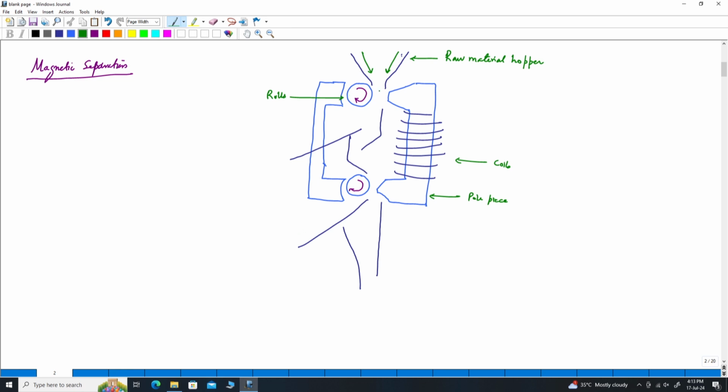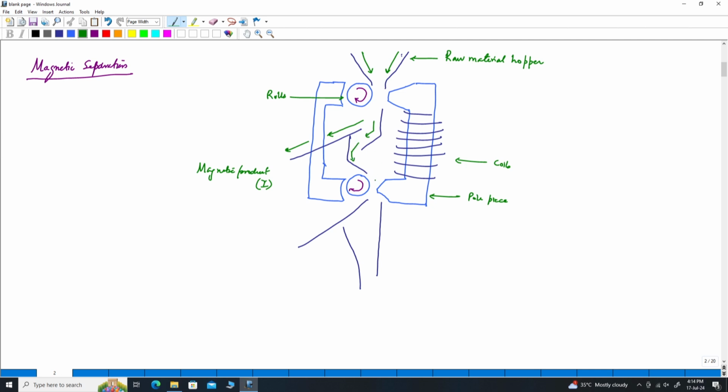And what happens here is, when it first comes down, the first set of magnetic product 1 is generated just after the first roll. But what happens if it is not getting completely removed?